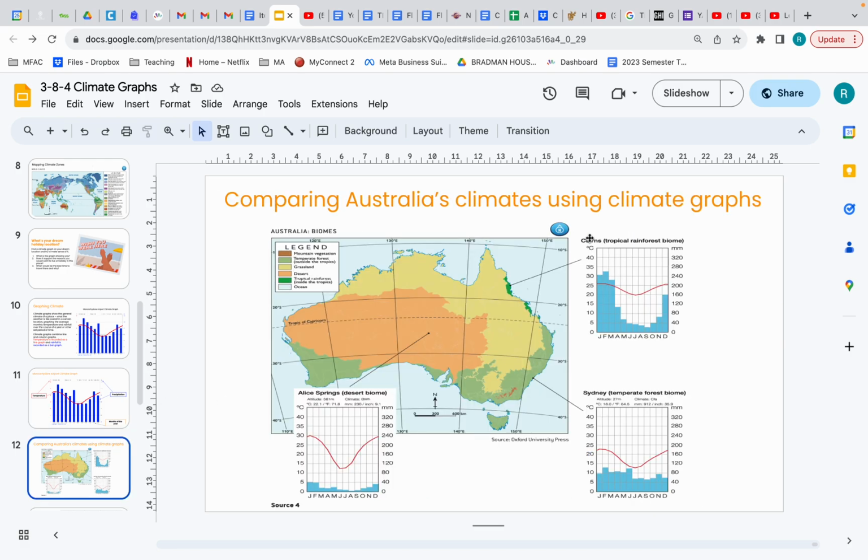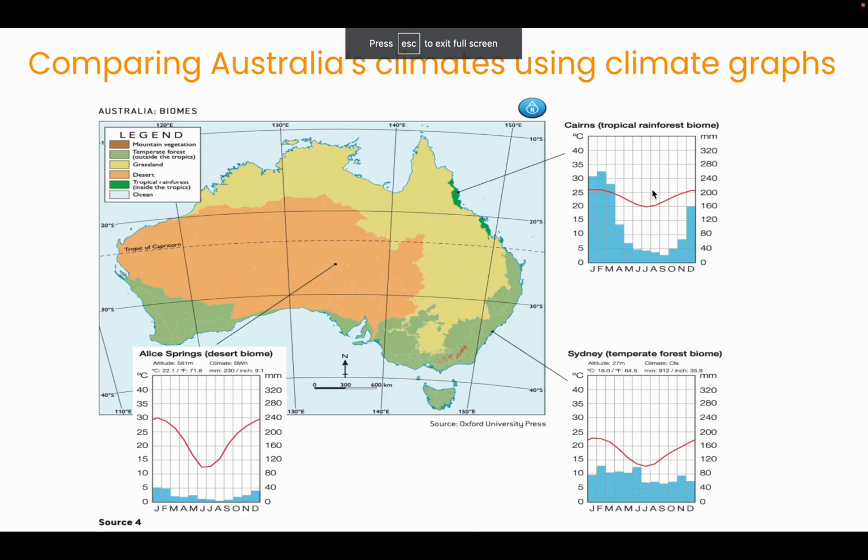Let's have a look. If we look at these three here, we've got 1, 2, 3, with three different biomes, all relevant to Australia. We start with the desert biome in Alice Springs, which is here in the center of Australia. You can see this dip trend in the middle of the year.